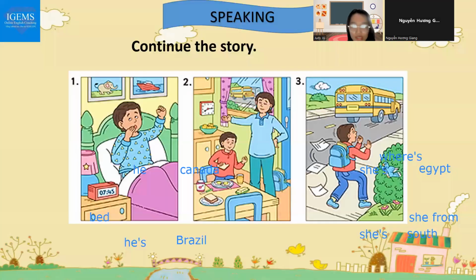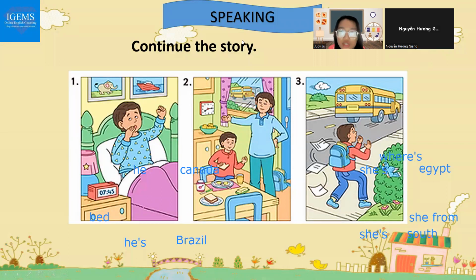So the last session is the big speaking, and you need to tell the story based on the picture. I give you 3 pictures represented on my screen, number 1, 2, and 3. You need to take 3 steps to tell the story.